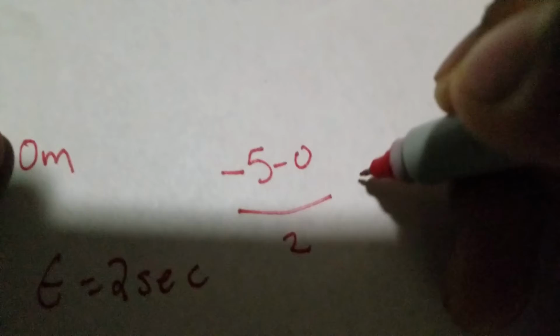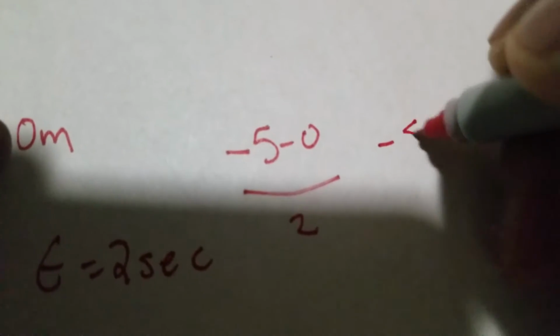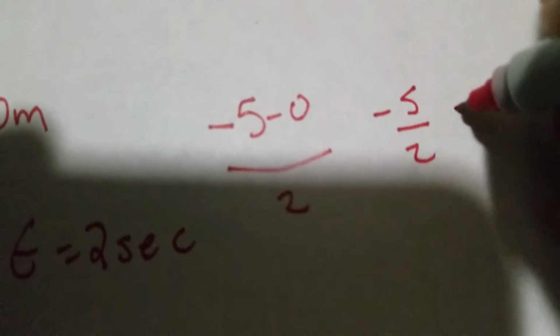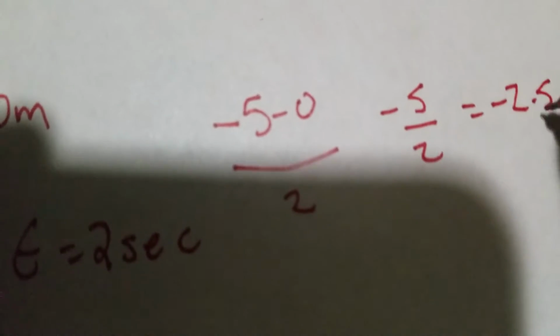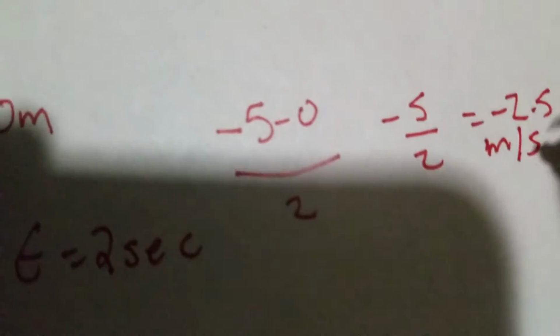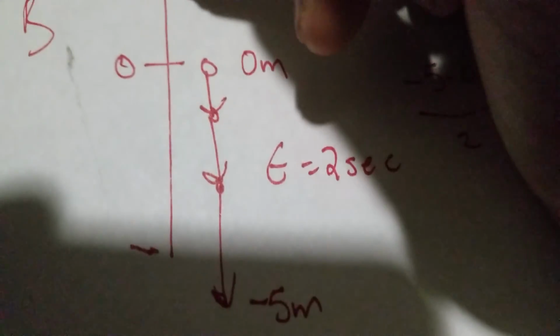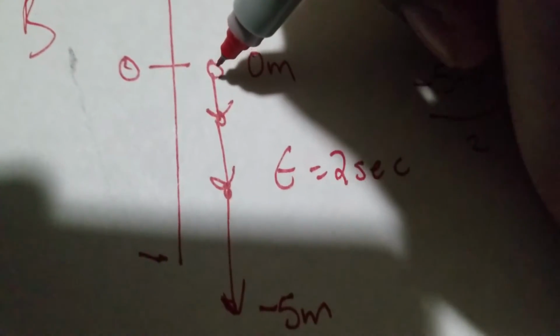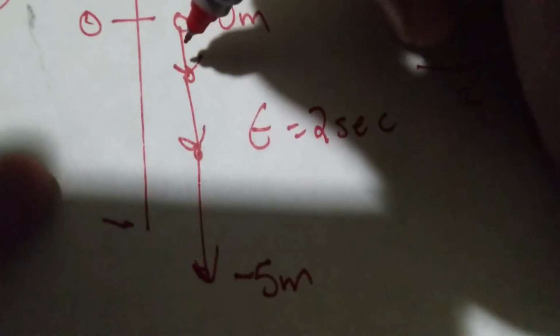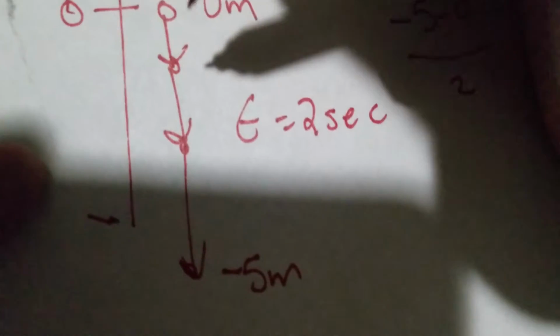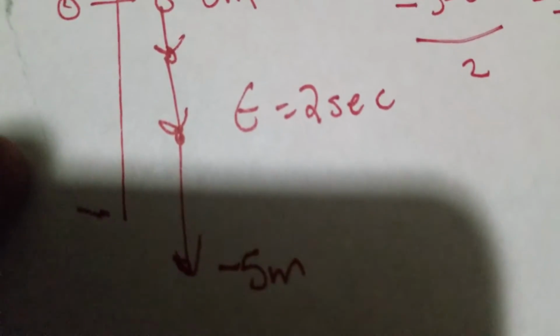And what we get as a velocity is negative 5 over 2, or negative 2.5 meters per second. So as something is going down, as the position is decreasing, as it's becoming more negative, the velocity will also be more negative.